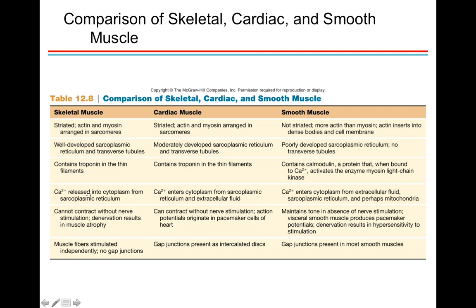So let's look at calcium release. So calcium is released in skeletal muscle from the sarcoplasmic reticulum, right? In cardiac muscle, we have calcium entering the cytoplasm from the sarcoplasmic reticulum and extracellular fluid. And in smooth muscle, from the extracellular fluid and sarcoplasmic reticulum.